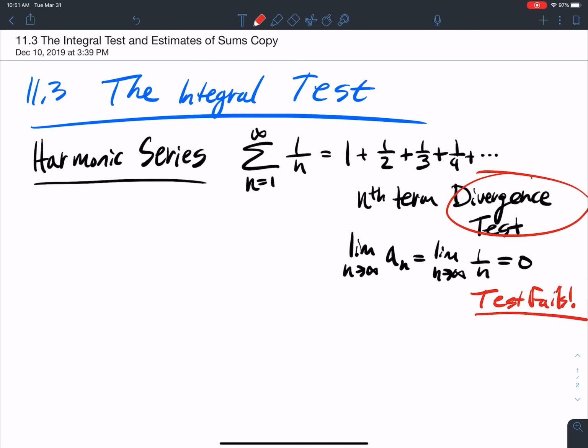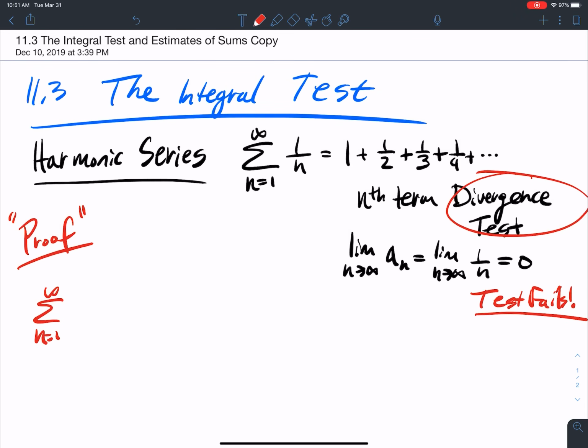So let's do a mini proof. I put proof in quotations because it's not exactly formal, but it gets the job done.